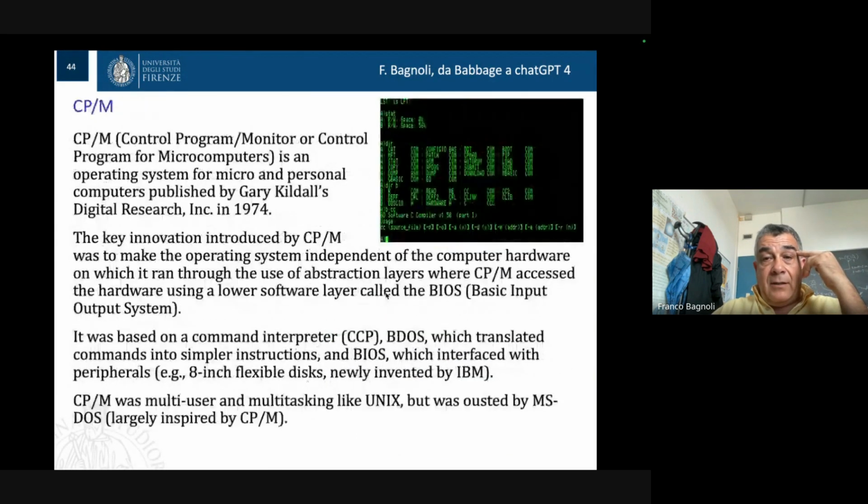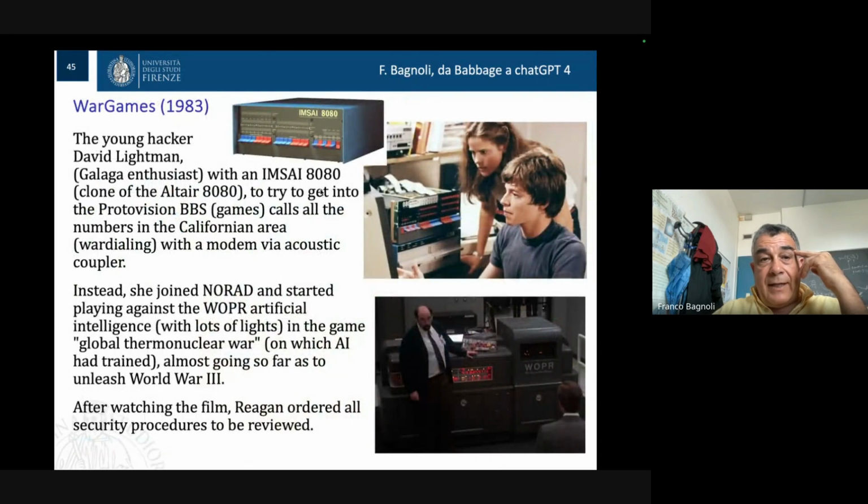And so you see how things worked. Now I come back to the other, but you can see a more sophisticated version, essentially the same, a clone of this console in the movie War Games.